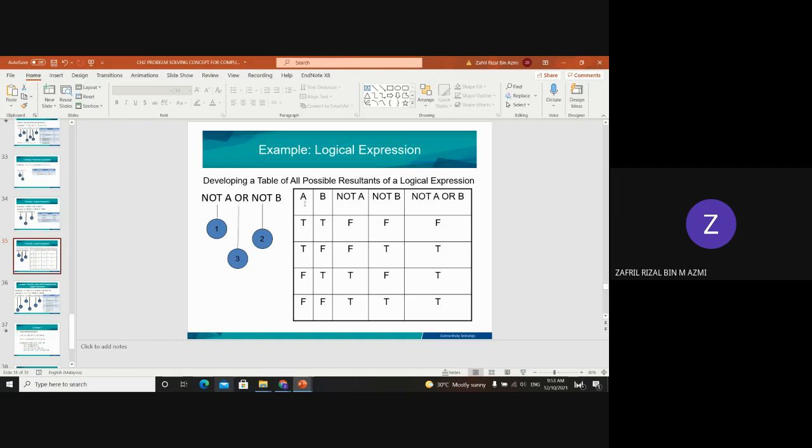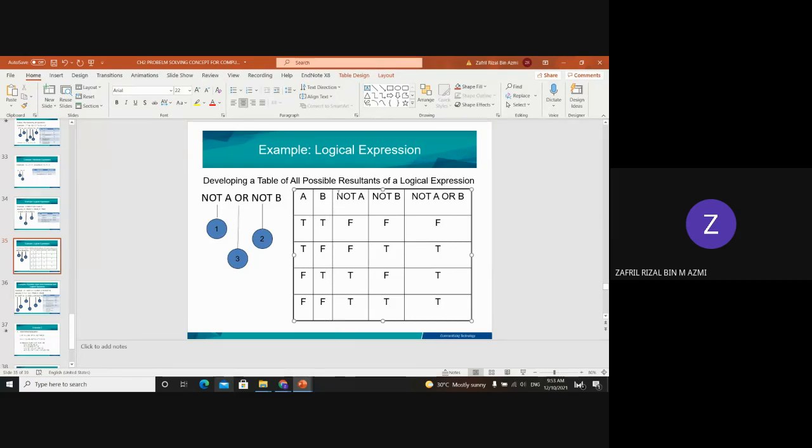For example, if there are two variables A and B, the possible values for A are true, true, false, false. The possible values for B are true, false, true, false. If you have 3, then the possibilities are going to be longer.